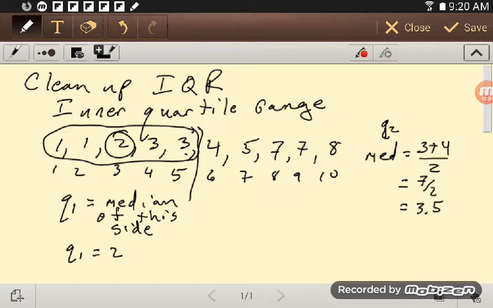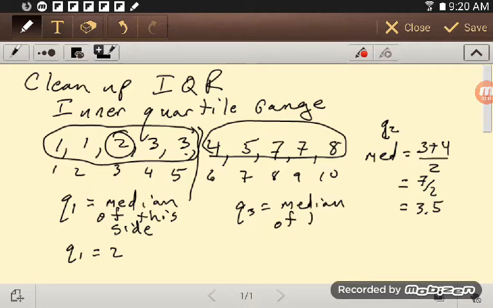Same thing here. Q3, the third quartile, is the median of this side. In that case that's the 7, so Q3 is 7.